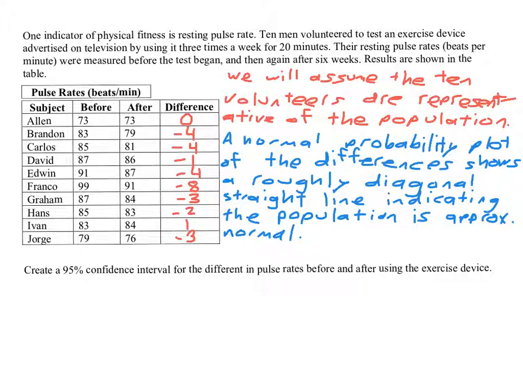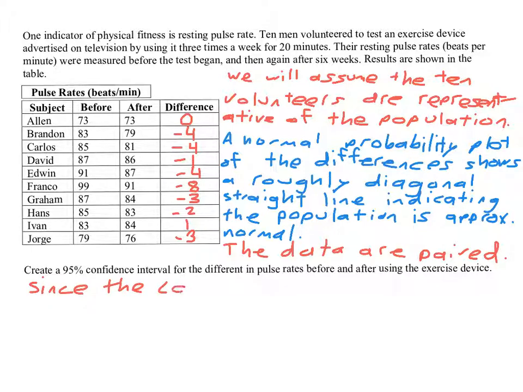Condition 3 is that the data are paired. Right, since all three conditions are met, we can use a student's t-model.